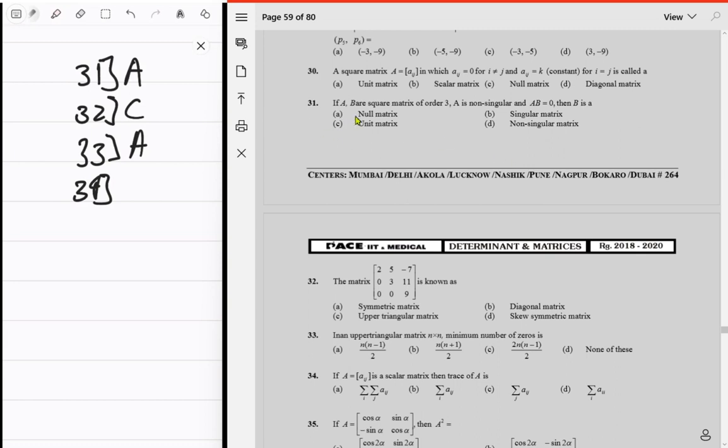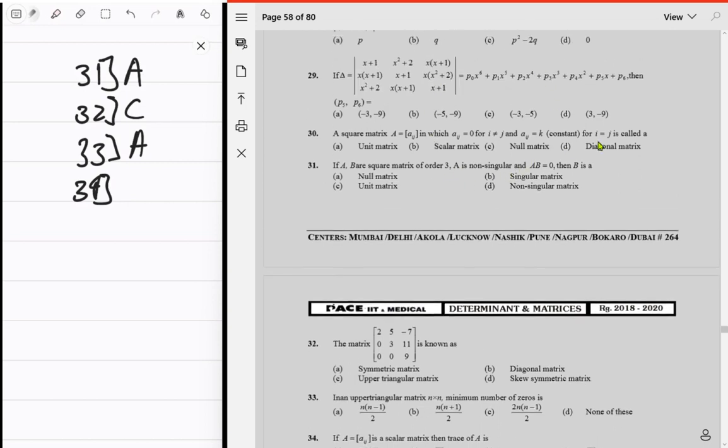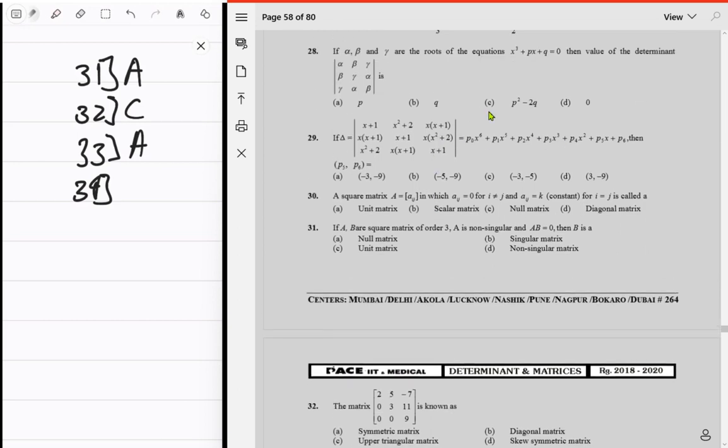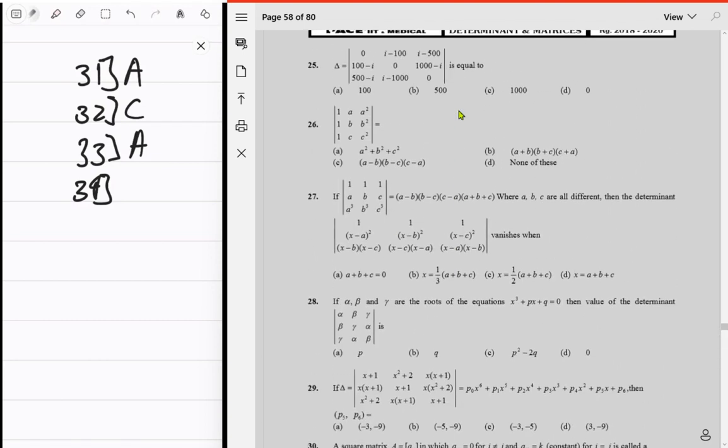So for example, for 31, B is also a singular matrix, and similarly for 30, okay, I get what's happening. It's a scalar matrix as well as a diagonal matrix, so B and D. Oh no. This at least does not have multiple solutions, so that's good. Oh, this is not going well.